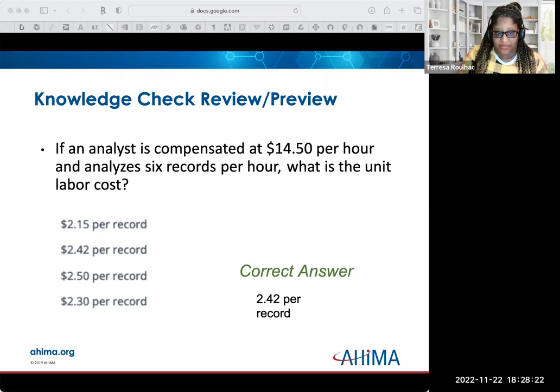How did I get to that? Well, you have your $14.50 per hour divided by 6 records per hour. It gives you 2.416. The 6 takes that 1, rounds it up to $2.42 per record, or per unit labor cost.